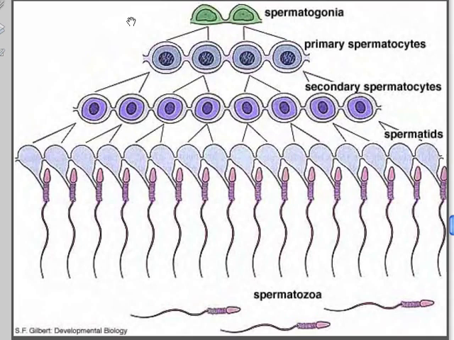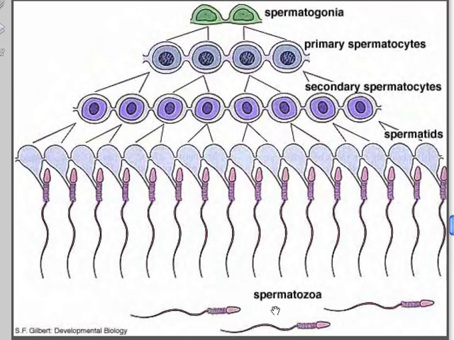Spermatogonia via mitosis produce primary spermatocytes. Each primary spermatocyte produces 2 secondary spermatocytes which are haploid, and each secondary spermatocyte then produces a spermatid, which then has to undergo a transformation to produce free swimming spermatozoa.